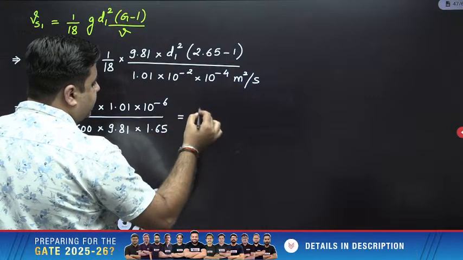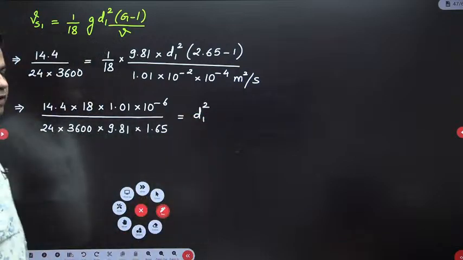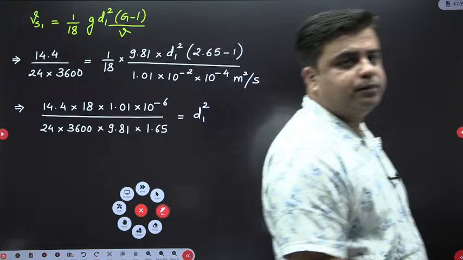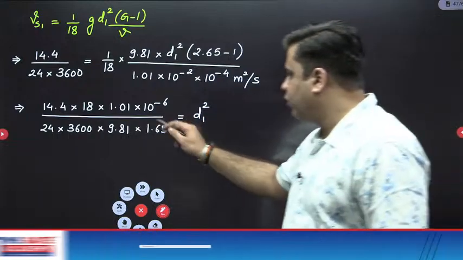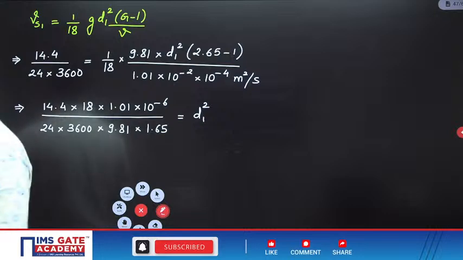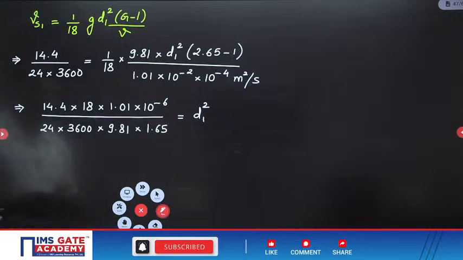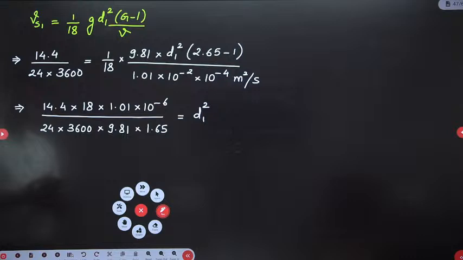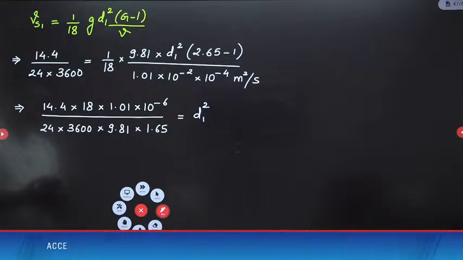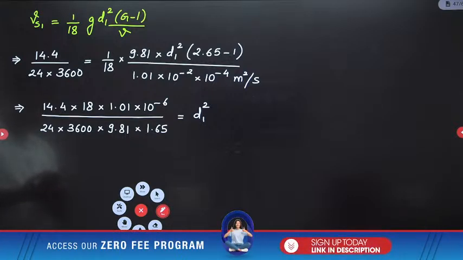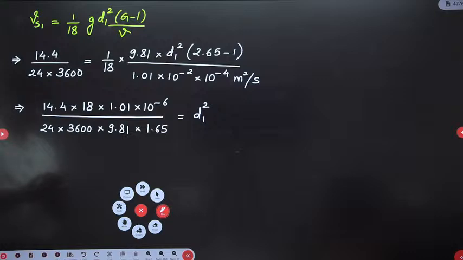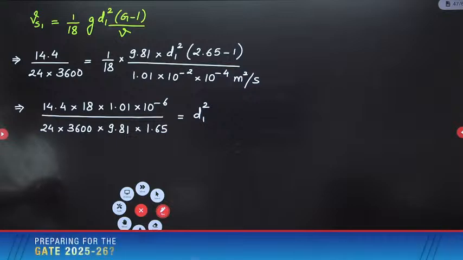That is equal to D1 square. Get me the value of D1 in micrometer. This D1 will come out in meters, calculate that in micrometer. So this will be 14.4 into 18 into 1.01 divided by 24 into 3600 into 9.81 into 1.65.